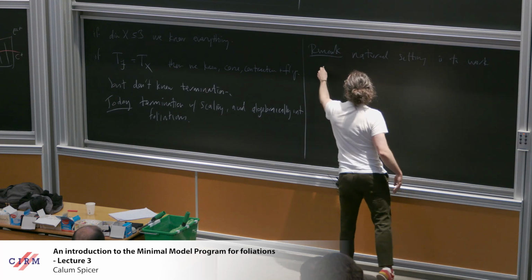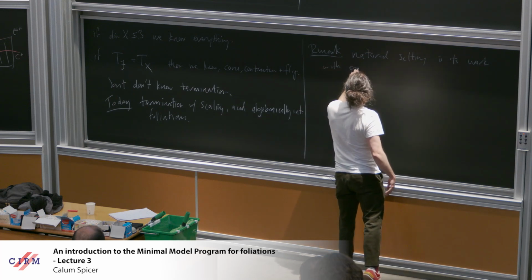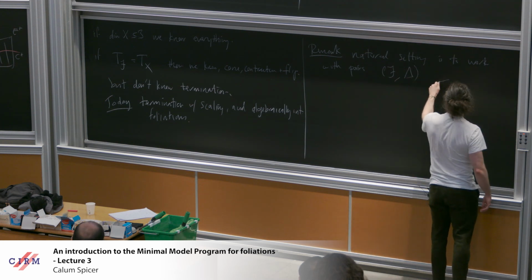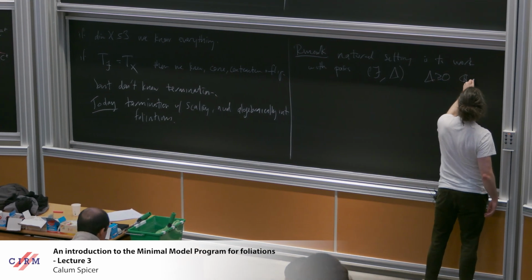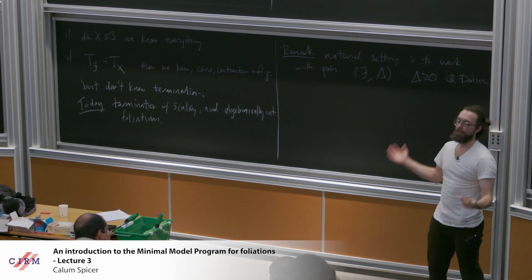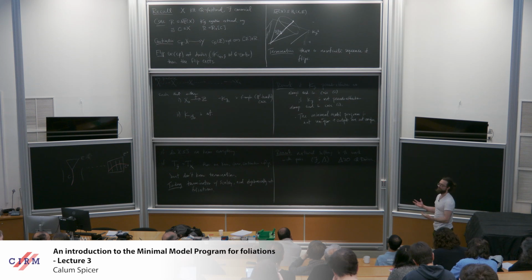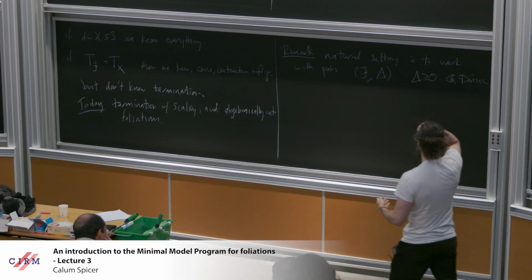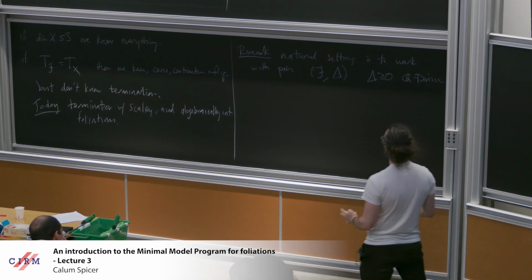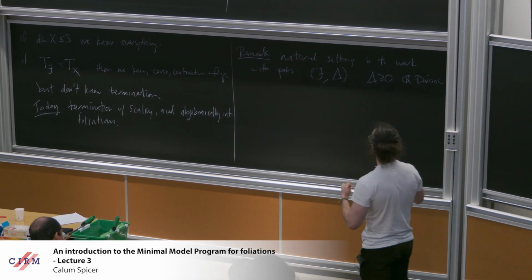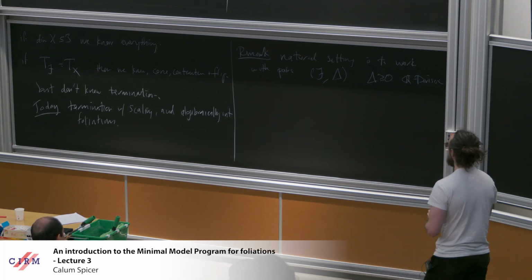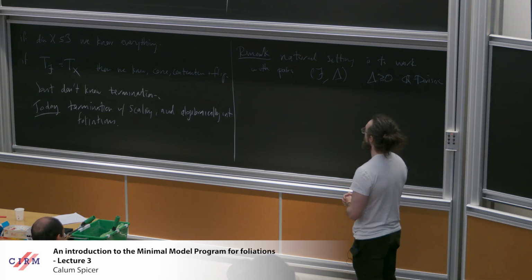But to work with pairs of a foliation together with a divisor, some effective Q-divisor. And our notions of singularities, et cetera, all make sense in this broader setup. As we'll see, the way a lot of these proofs work, hopefully I'll be able to explain some of them, is by induction on dimension. And when you go through induction on dimension, pairs naturally arise as the proper framework for inducting on dimension. But they're also the proper framework for explaining termination with scaling.